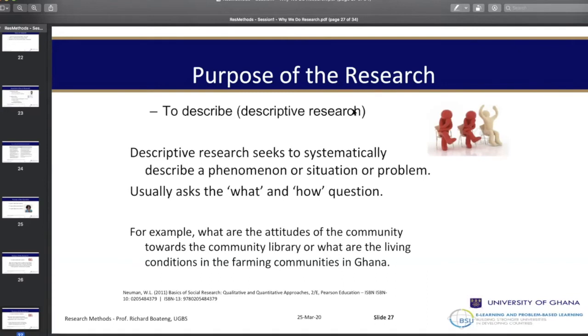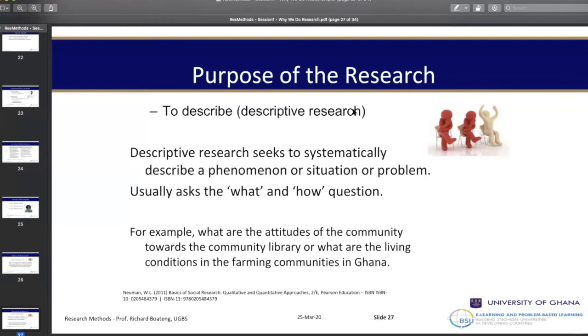Now, in such a scenario, you are seeing different behavior patterns in the library. Some people come to the library and sleep. Some of them come and converse throughout the whole time they are there. So what you realize here is you are describing behavior in the library. So you can only describe the behavior or attitudes in the library by being in the library.